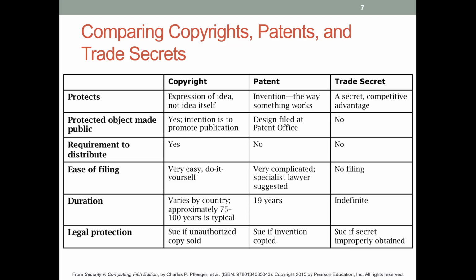Similarly for patents, you can file a case, and similarly for trade secrets. If someone steals your copyright content, patent, or trade secret, you can take legal action. So these are the differences between copyright, patents, and trade secrets. Any questions?